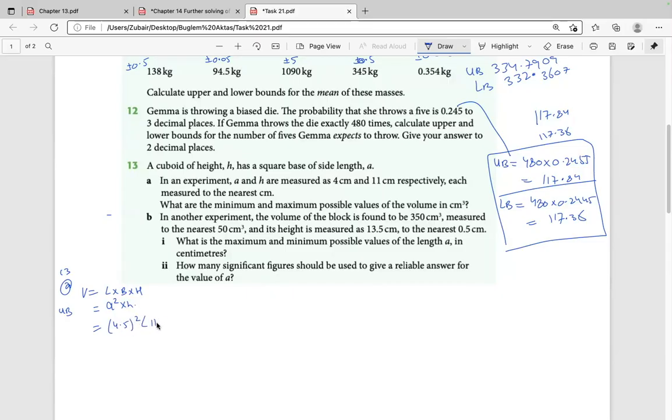And height is 11.5. I got 233. That's right. So 232.875 centimeters cubed.